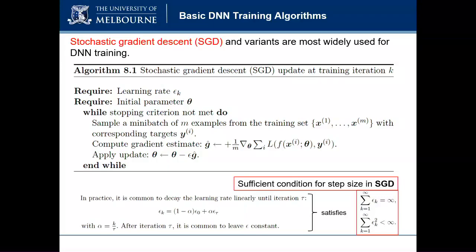Therefore, we use mini-batch methods to do an empirical estimation of the gradient. This brings us to stochastic optimization, because we are taking an expectation of a stochastic variable, because of the sampling. Then we have this set of stochastic gradient descent algorithms and variants.